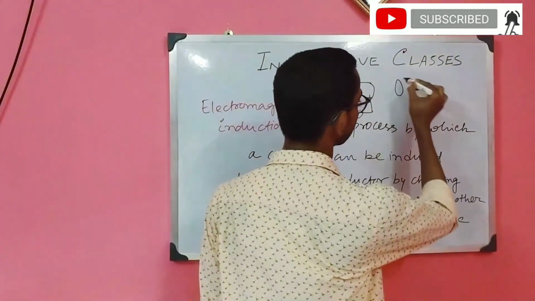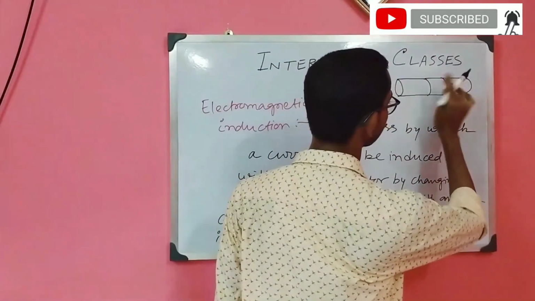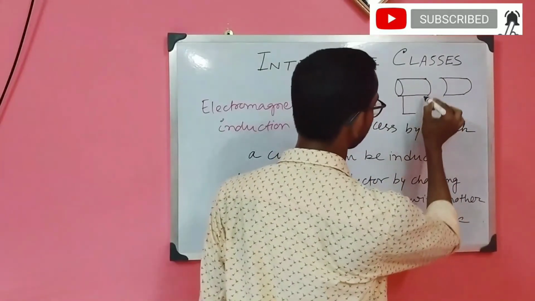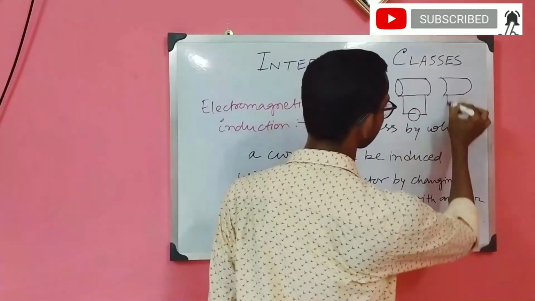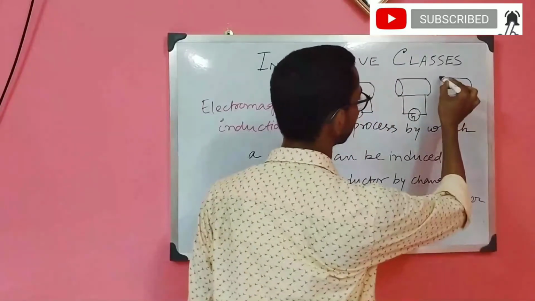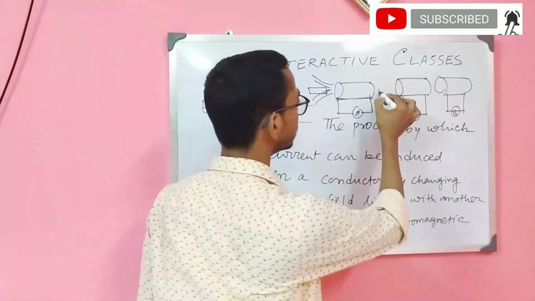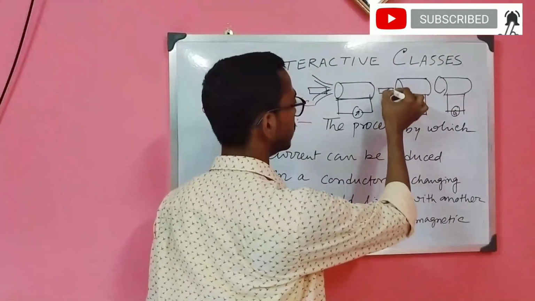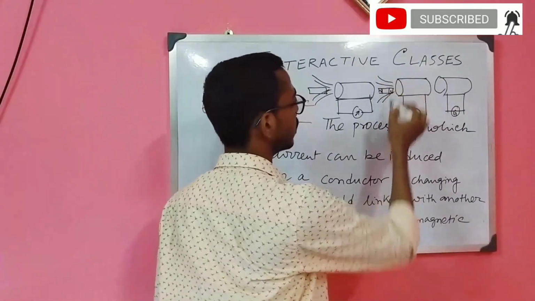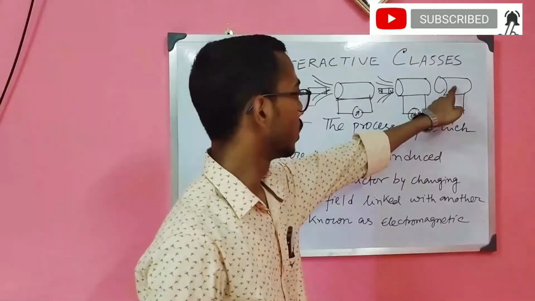That means if there are 2 coils like this, oriented in this fashion, this is the galvanometer. Okay, if there are 2 coils like this, and if we change the magnetic field related to this coil, we will watch a current is developed in the second coil as well.